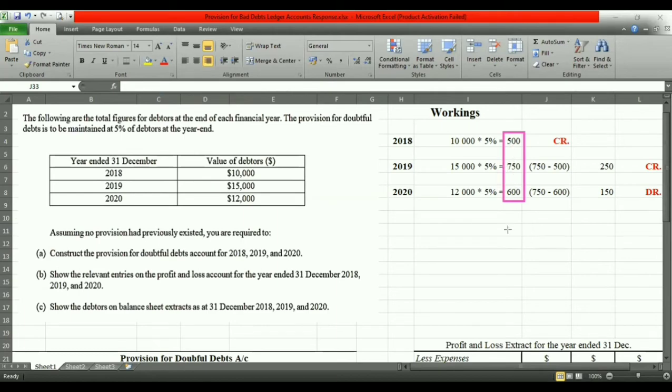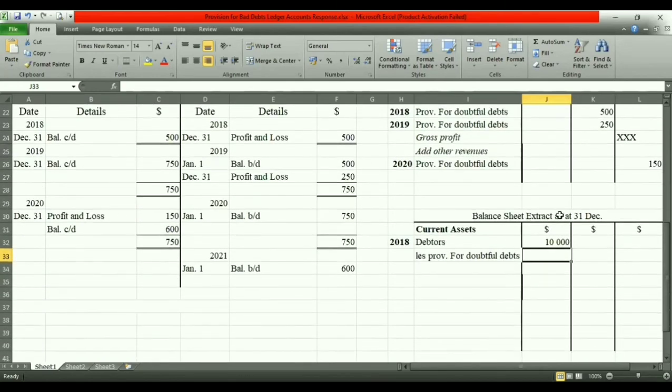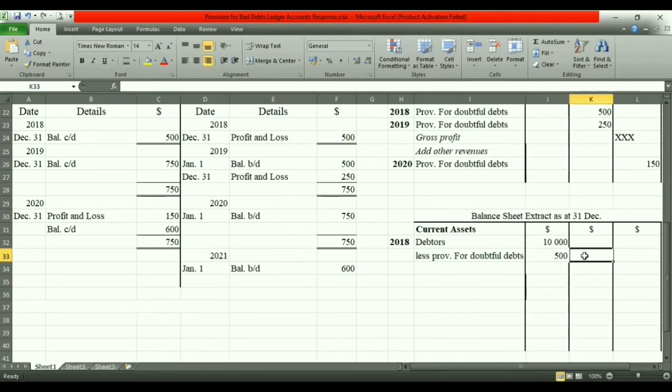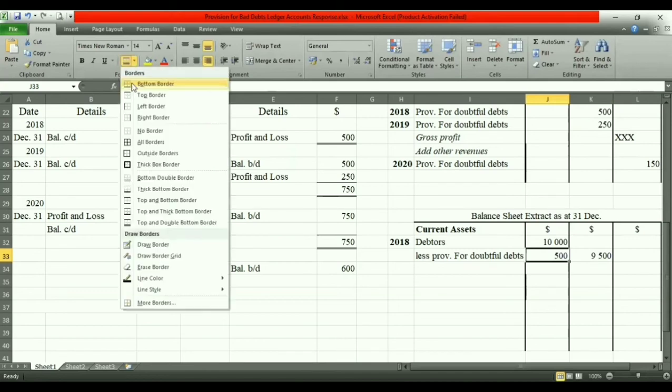So the value for 2018 is 500. And remember, provision decreases your debtors value. 10,000 minus 500 gives us a difference of 9,500. And we're going to put a single line below that.